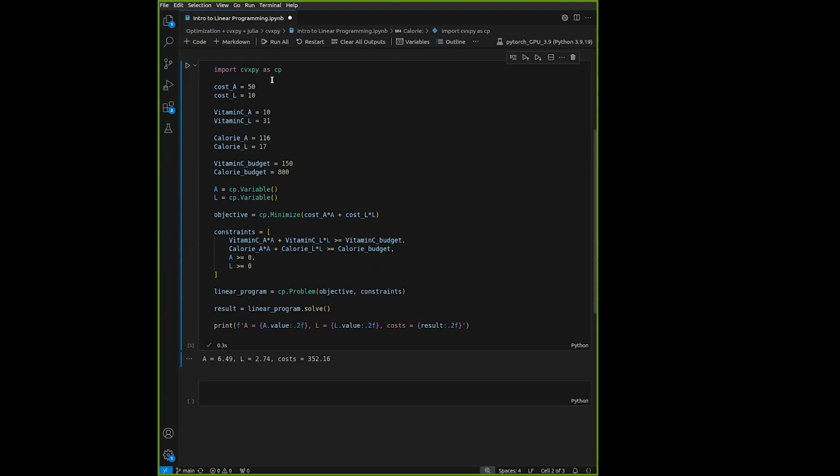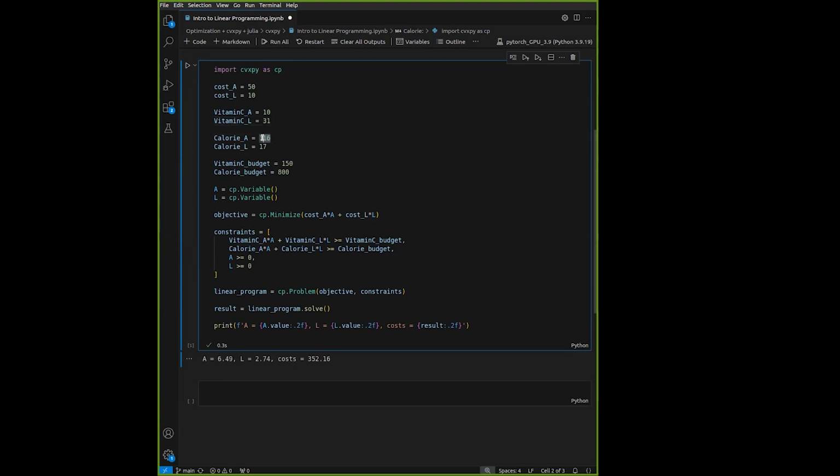First I import cvxpy by using import cvxpy as cp. Then I initialize the things which I know. For example, the cost of an apple is 50 rupees, the cost of a lemon is 10 rupees. So that's what we have done here. Then an apple has 10 milligrams of vitamin C and lemon has 31.